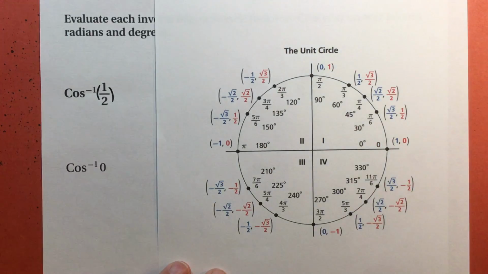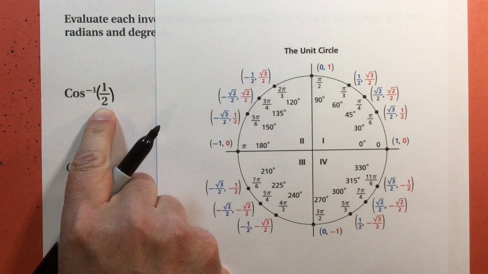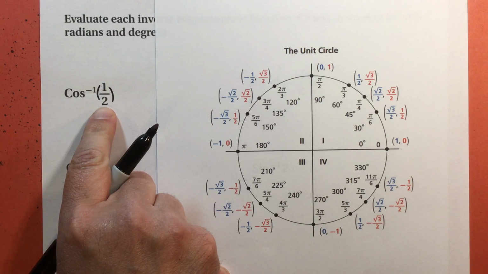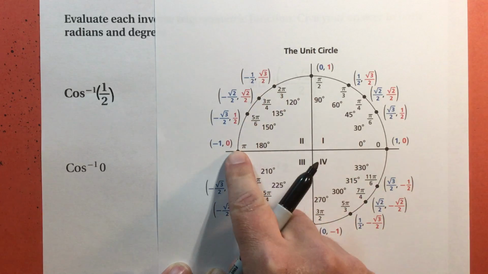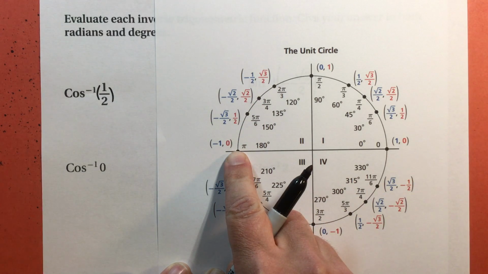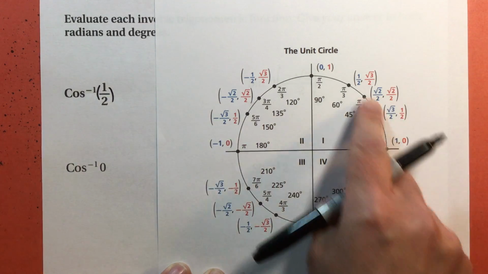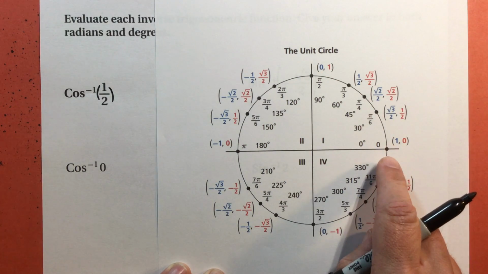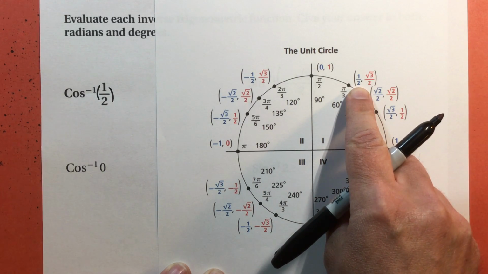I find my unit circle. Cosine goes with the x value, so I'm looking for x's that are 1/2. And I'm only looking from 0 to pi, or 0 to 180 degrees. Since this is positive, I'm going to be in the first quadrant. Where am I going to find 1/2? Right here. Here's my x value, 1/2.